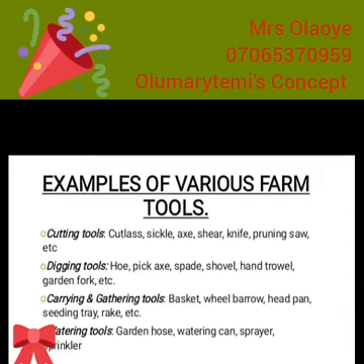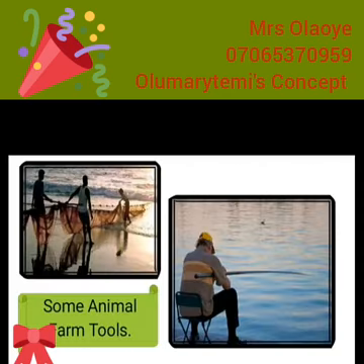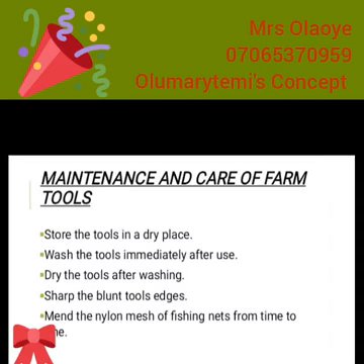From there, we went on to look at some animal farm tools, where we saw the net, the trap, and so on. And finally, we looked at how to maintain and care for those farm tools. We said we need to store them in a dry place, wash them immediately after use, dry them, and make sure that the blunt edges are sharpened.